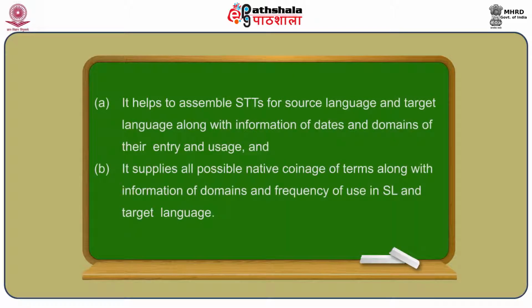First, it helps to assemble terms of the source language and the target language, along with information of dates and domains of their entry and usage in the language. Also, it supplies all possible native coinages of terms along with the information of domains and frequency of usage in both source and target language.